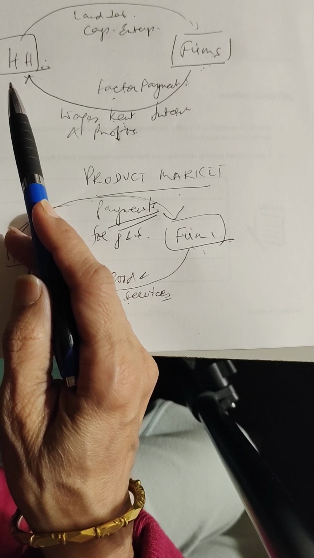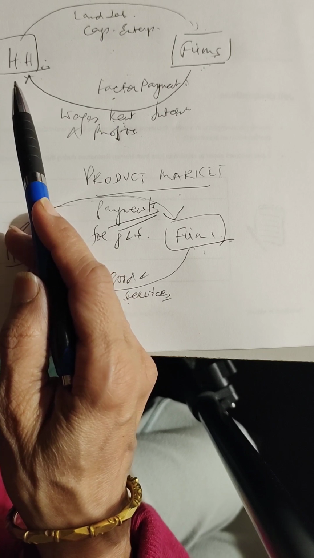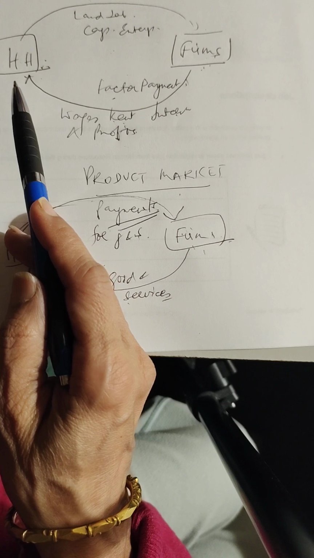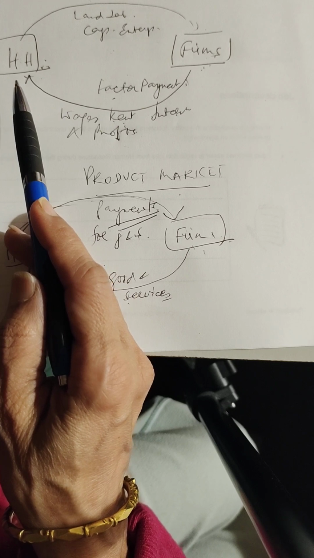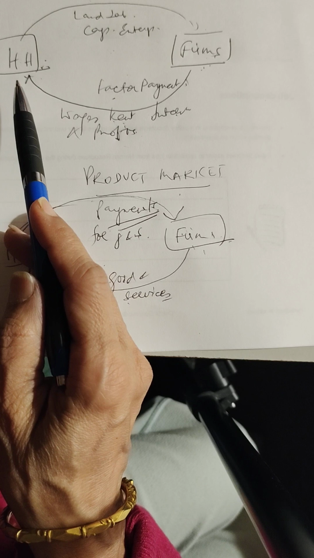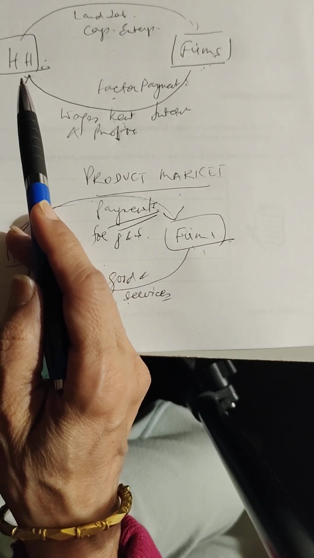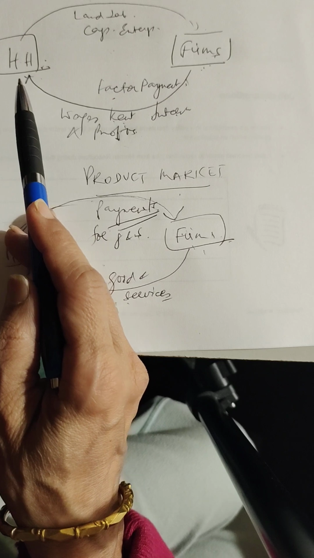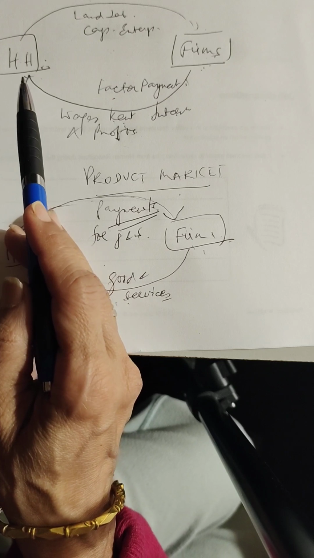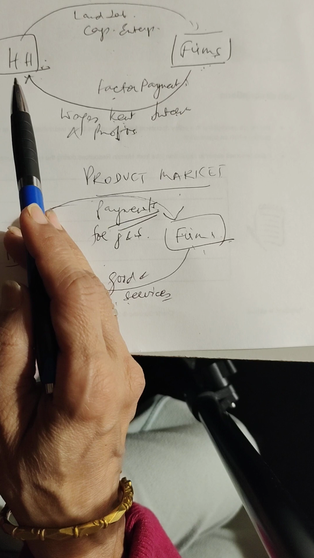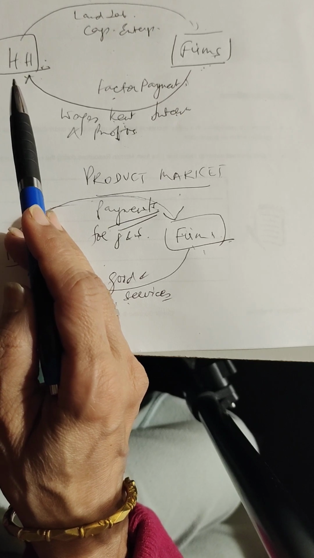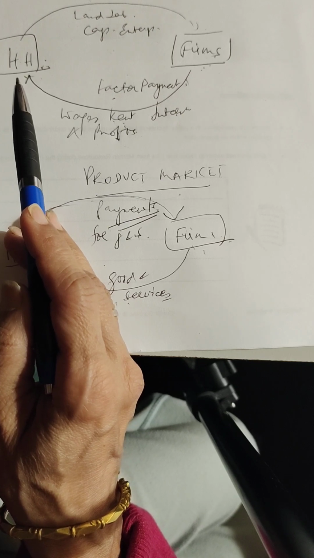So circular flow models help us to understand the mutual interdependence among different sectors of the economy, namely household sector, production sector, government sector, whatever. And then it's important for the estimation of national income. Circular flow of income facilitates the estimates of national income.